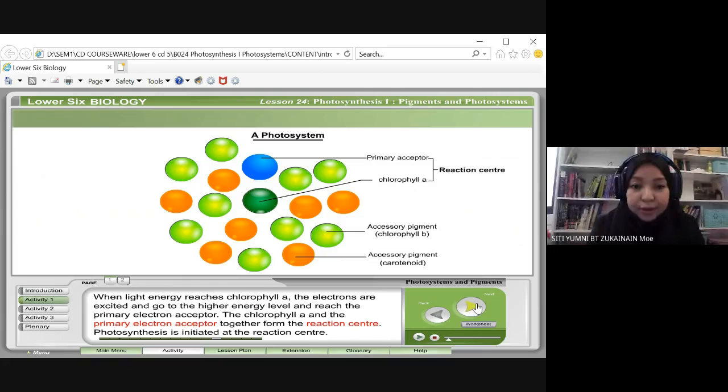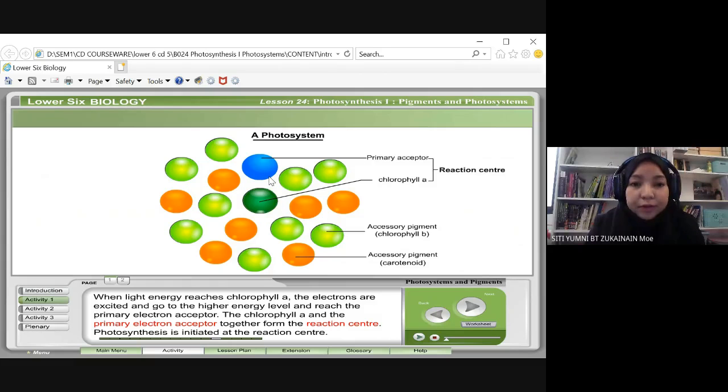When light energy reaches chlorophyll A, what happens? In the primary reaction, the electrons are excited and go to a higher energy level and reach the primary acceptor.